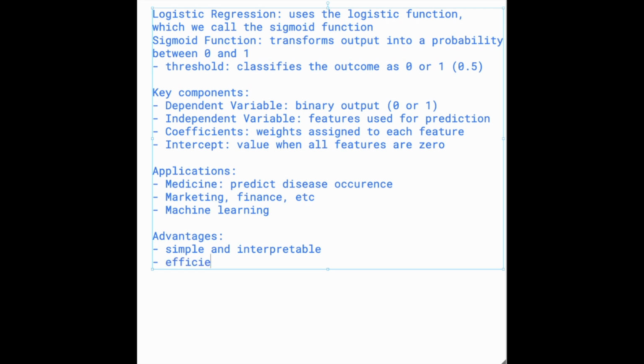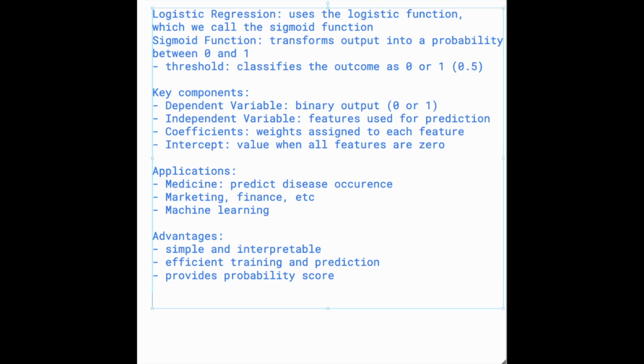It also provides probability scores. Our dependent variable, the output, gives us a number between 0 and 1, and you can think of it as a probability, or how close it is to each number.